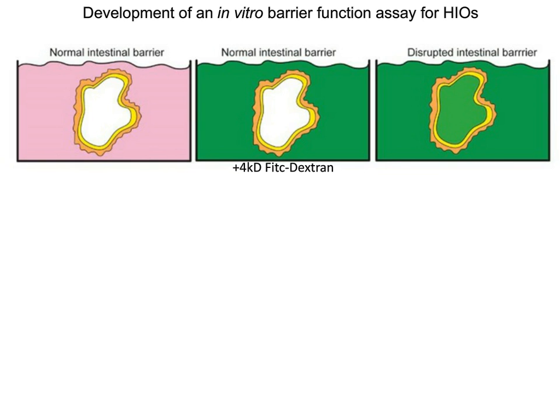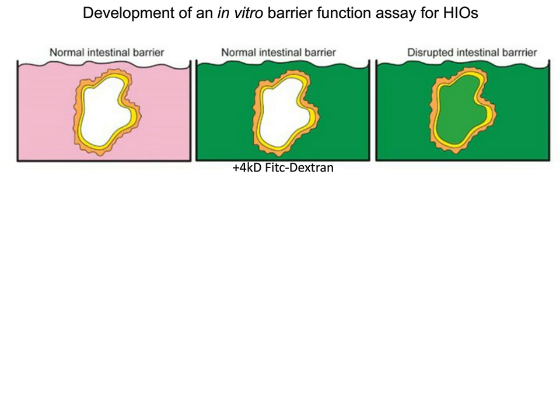And so what we can do is simply add a molecule called FITC-dextran of 4 kilodaltons in size into the media. And what we know is that normally, if the epithelial barrier is intact, the epithelial junctions keep this molecule out. The molecule is big enough that it can't penetrate through the epithelial layer unless the tight junctions are injured. And so in the case of a disrupted intestinal barrier, we would see this green fluorescent molecule travel into the lumen of the organoid and get trapped.